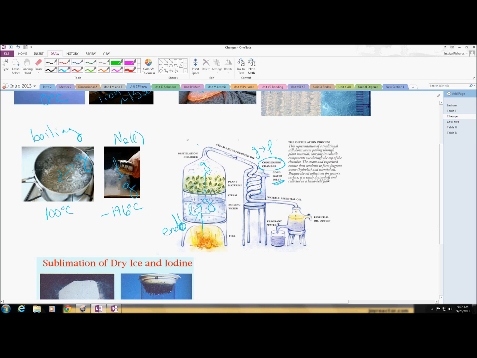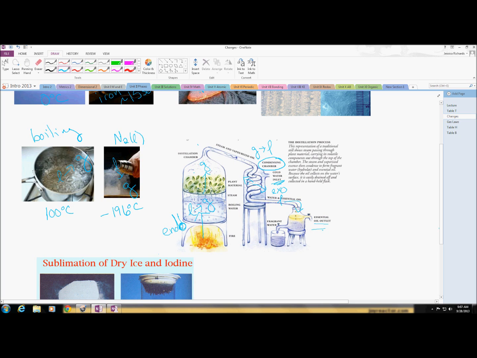We have this cold water here. This steam in this pipe is going to release its heat to the cold water. If the steam is releasing its heat to the cold water, this phase change from a gas to a liquid is exothermic. And then we have just pure liquid dripping down here to where it's going to separate out.